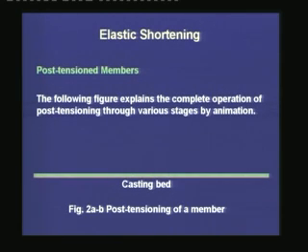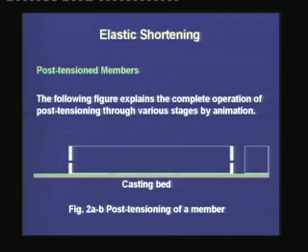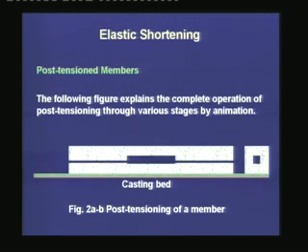Now, in this figure, we shall try to understand the process of elastic shortening in a post-tensioned member. In a post-tension member, first the concrete is cast on the casting bed. There is a duct, which is a hole in the concrete member.